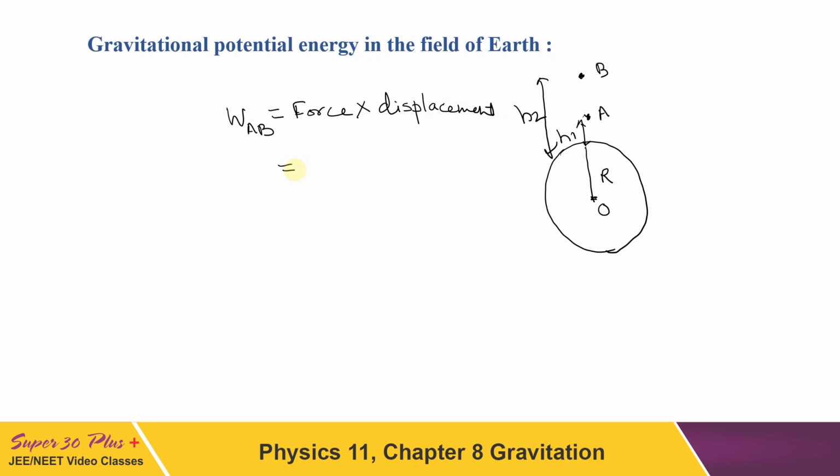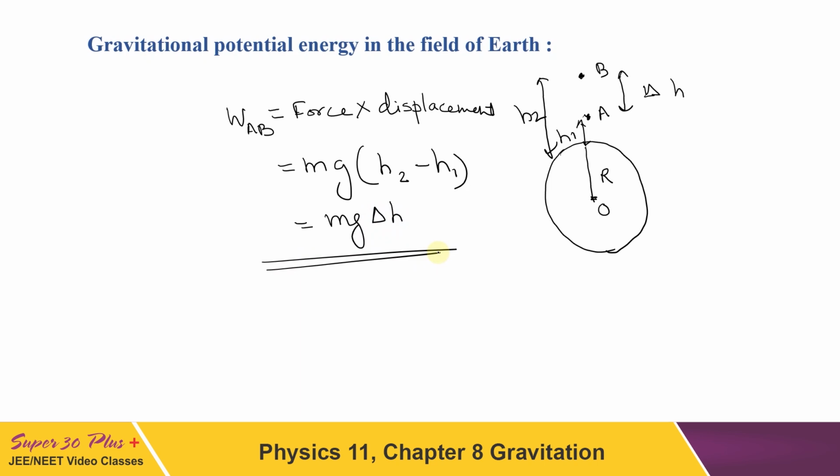Both the points are in the gravity field, so it can be written as mg(h2 minus h1), and h2 minus h1 is actually the change in these two heights, that can be written as delta h. So this work done will be equal to mg delta h. Generally, we write this mgh itself as the potential energy of a body if it is taken by a height h in the field of gravity.